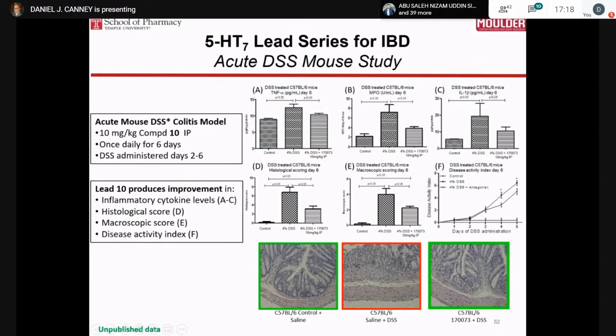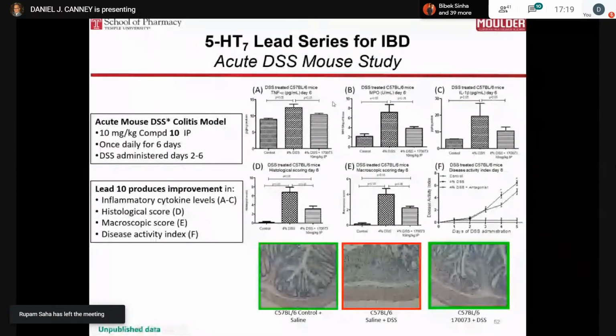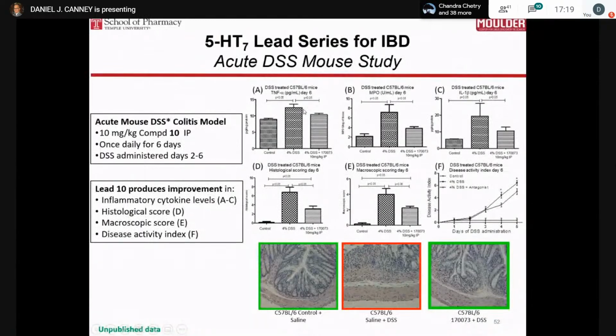And here, the DSS is administered in the acute model for days 2 to 6. In the chronic model, you'll see it's longer. What we found in our studies were not unlike what I showed you earlier, not maybe quite as pronounced, but we did see positive effects and significant effects on TNF alpha, interleukin 1 beta.